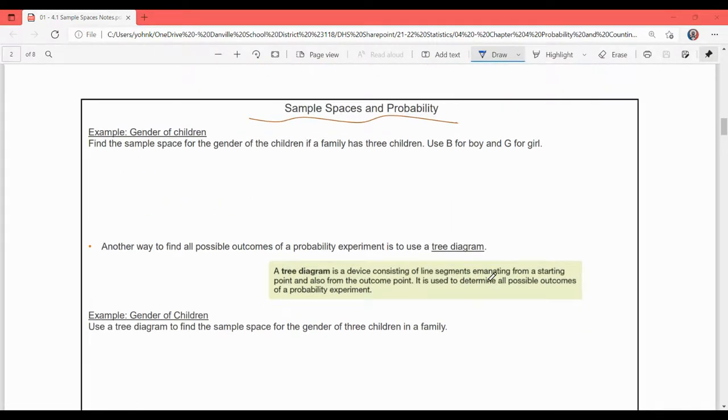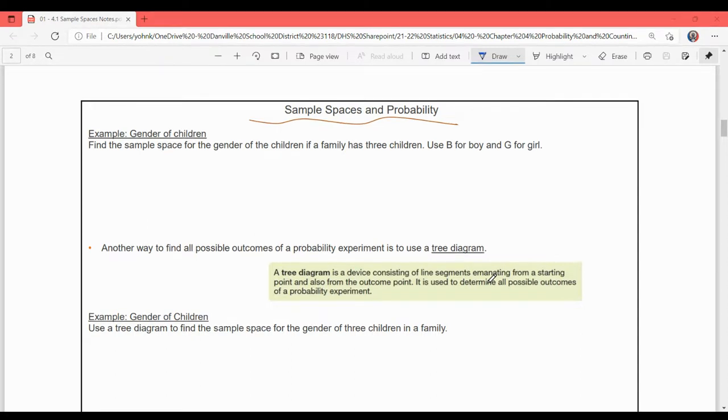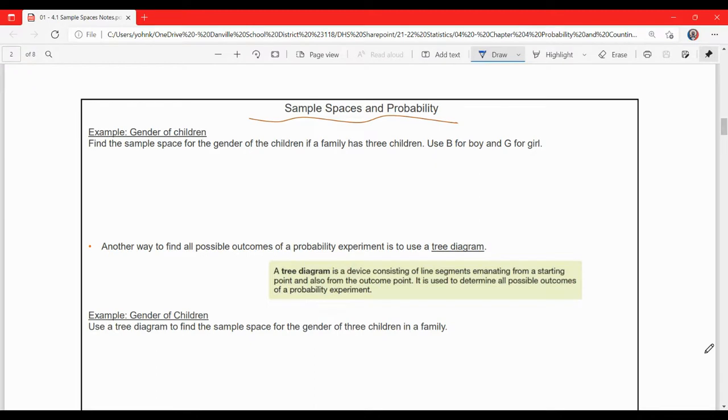All right, so if we start talking about sample spaces, let's think about when you have children. Find the sample space for the gender of the children if a family has 3 children. Use B for boy and G for girl. Well, you could have a boy, a boy, and a boy. You could have a boy, boy, girl. You could have a boy, girl, boy.